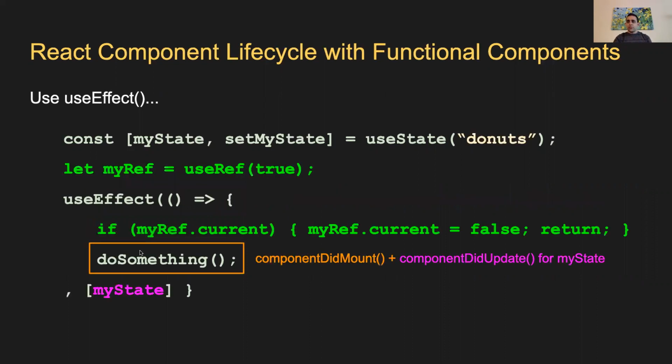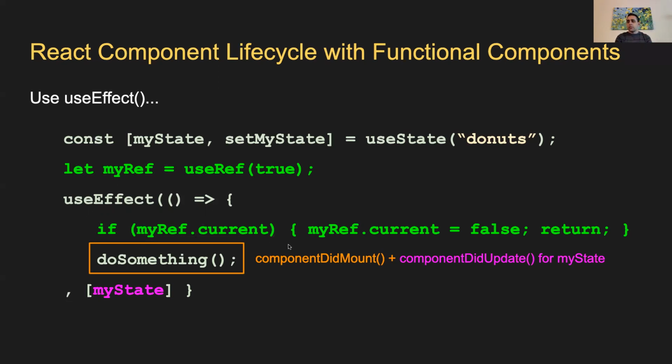If you want to do it, you can use something called useRef hook. This is from documentation, but you create a ref that's going to maintain a value between function calls. This is a functional component. Each time it's rendering, it's calling your function.